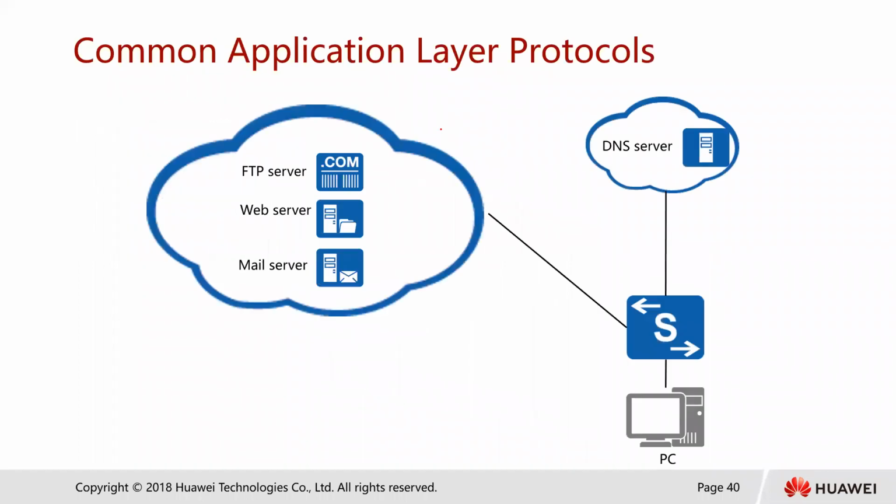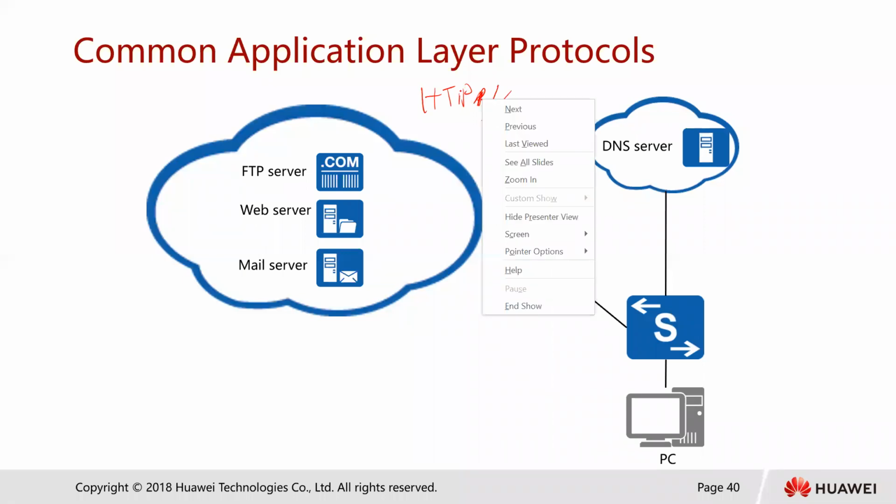At the application layer, we have quite a number of protocols. We have HTTP. We talked about HTTP or HTTPS, which refers to Hypertext Transfer Protocol, used to browse our web pages.